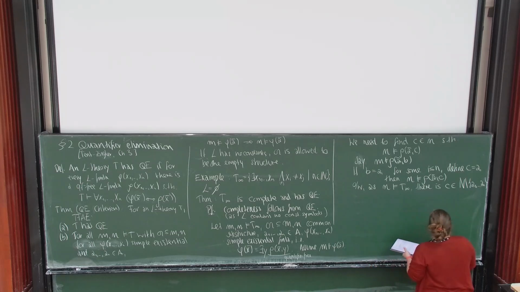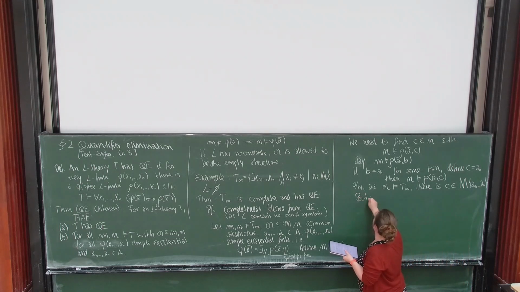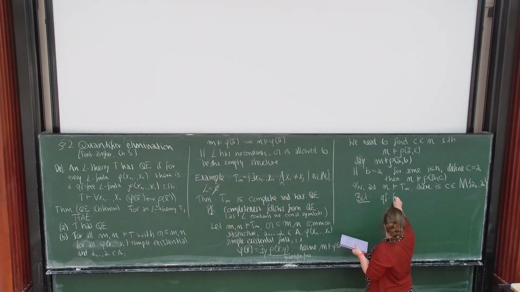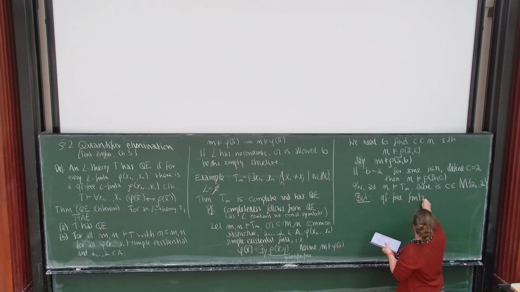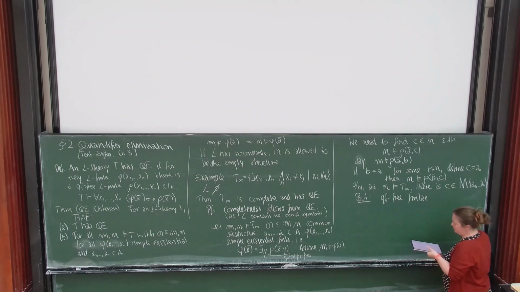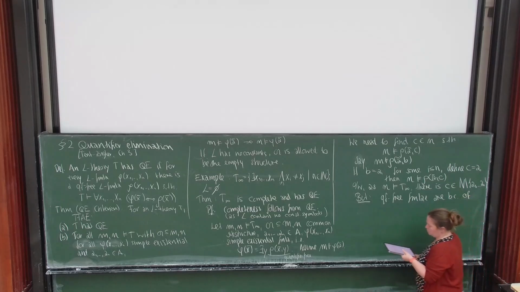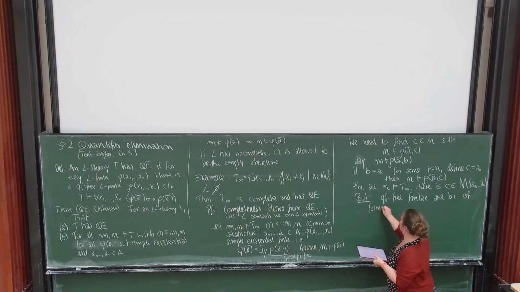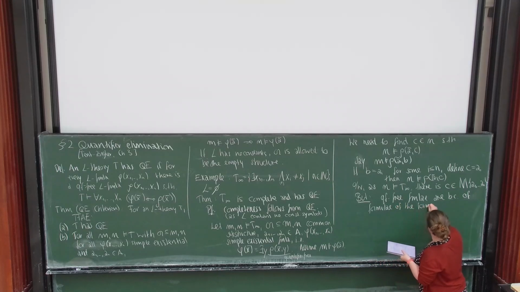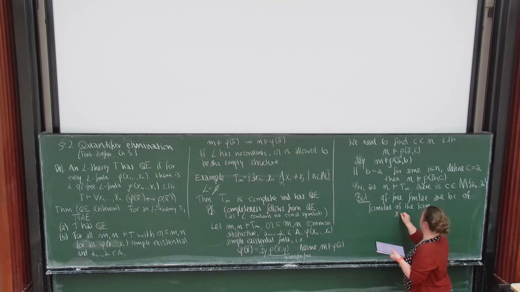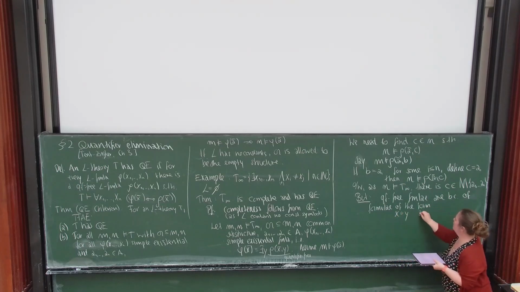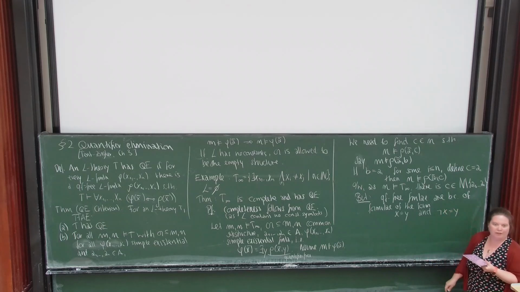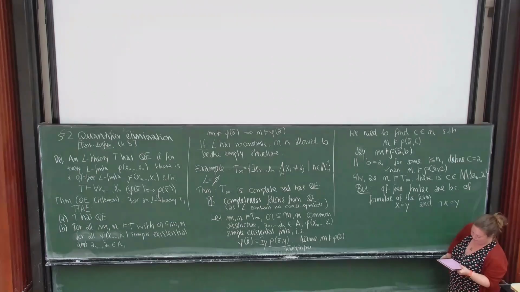But then again, now let me write this. Quantifier free formulae in my language L are Boolean combinations of formulae of the form x is equal to y and not x is equal to y for varying variables x and y.